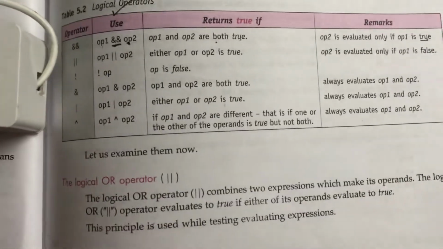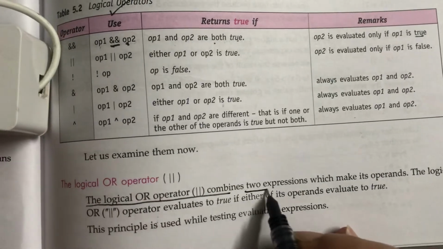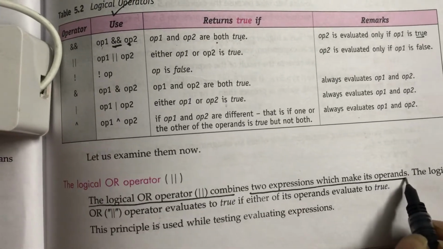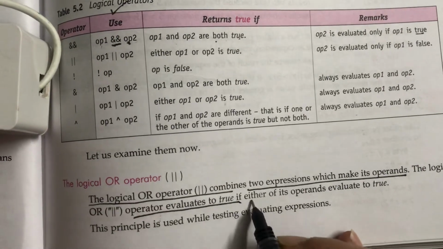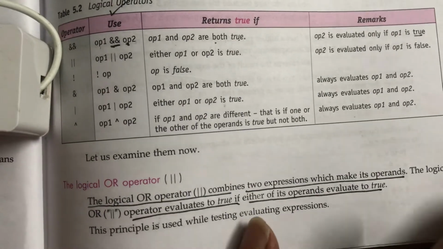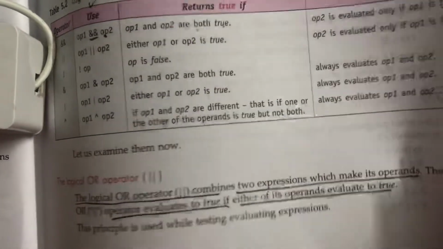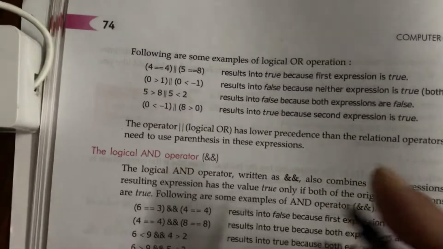So you can just mark this, that the logical OR operator combines two expressions which make its operands, and it evaluates to true if either of its operands evaluates to true. This is what you have to understand for this table. And then when we go to the next page, now they have given here the conditions.